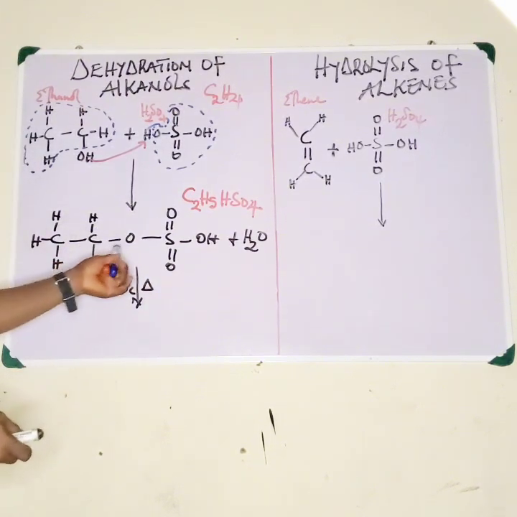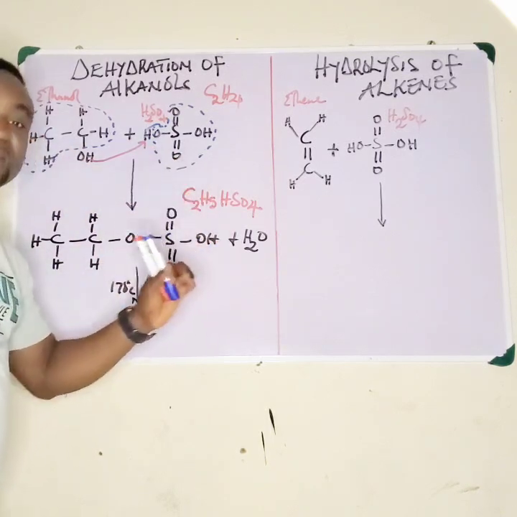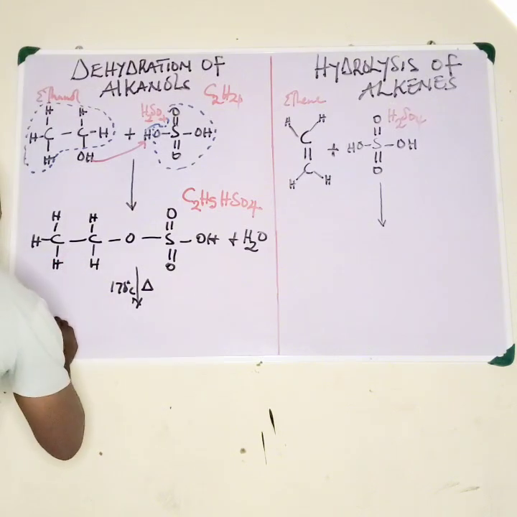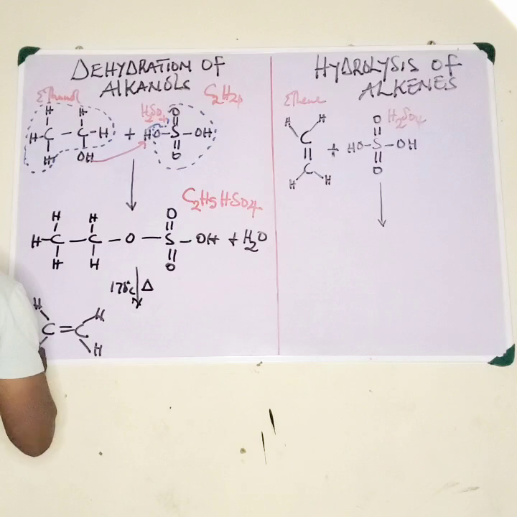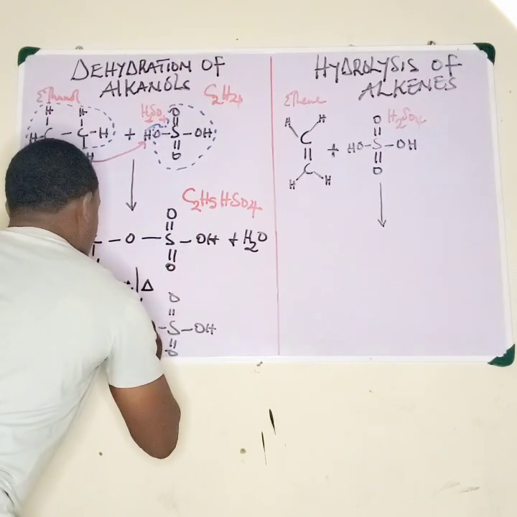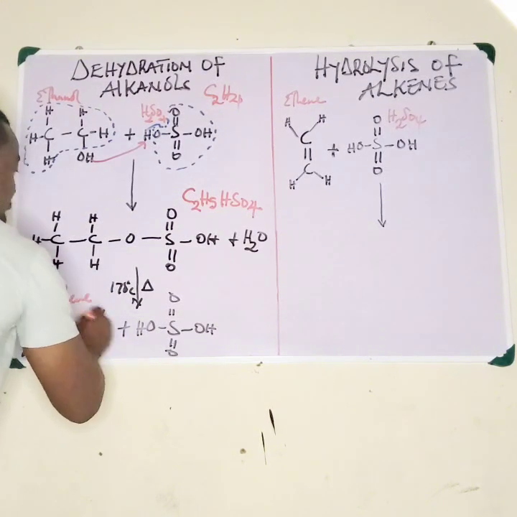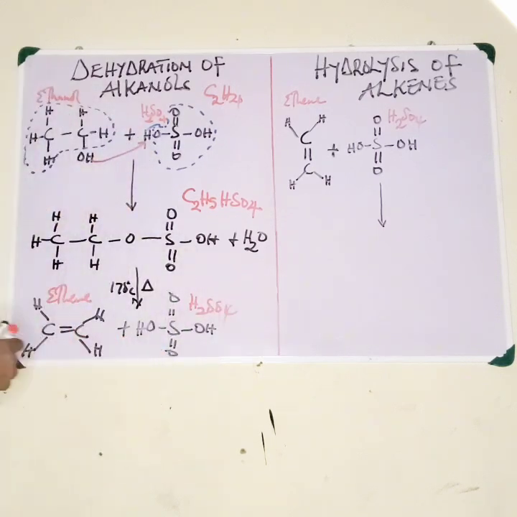When we decompose this ethyl hydrogen tetraoxosulfate 6, we produce ethene, which has a double bond, plus H2SO4. So this is ethene, and this is H2SO4.